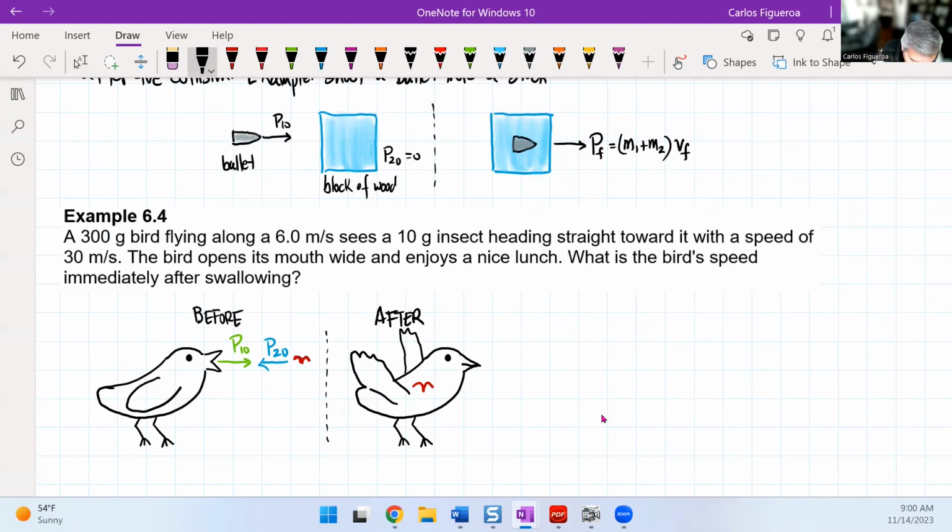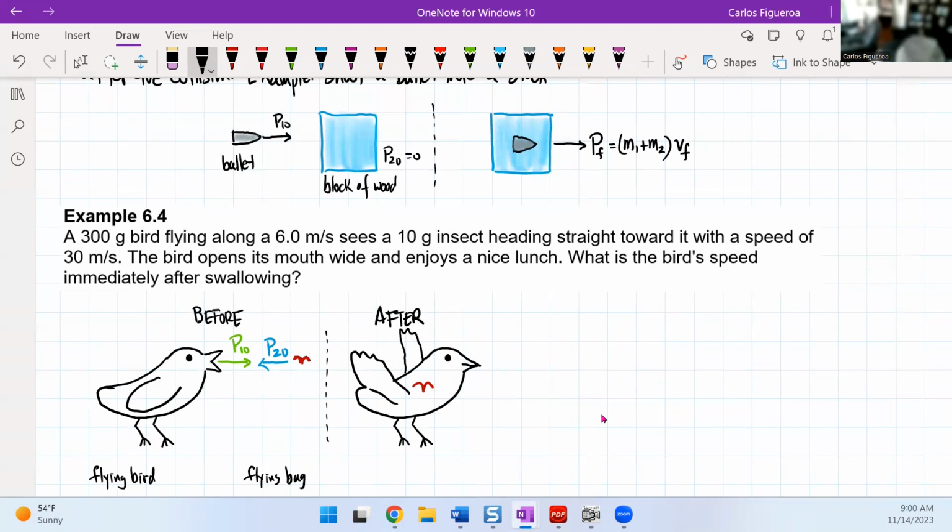Okay. What I expect to happen here is that I have a flying bird and I have a flying bug. So beforehand, they are headed towards each other. So what would I expect here?